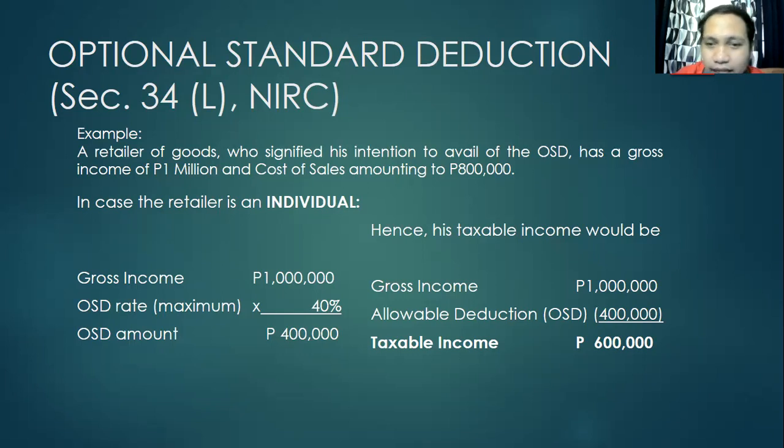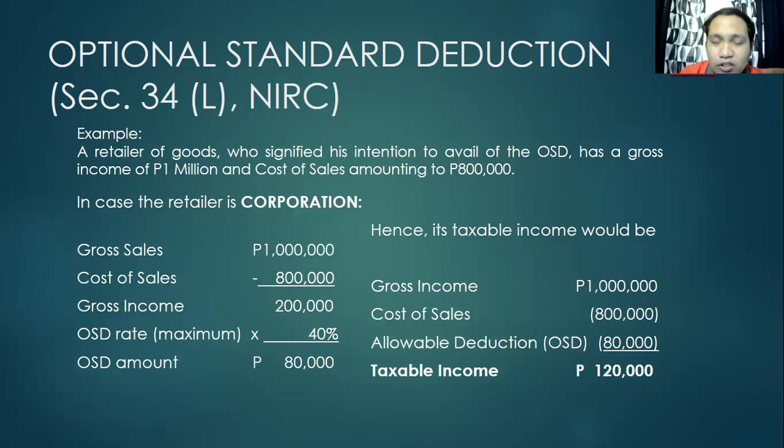So ganito yan, nasa right. Hence, your taxable income would be, okay, yung gross income mo is 1 million pesos and ang allowable deduction, optional standard deduction mo is 400,000 pesos. So pag may nakita kayong close and open parenthesis, guys, ibig sabihin yan, i-deduct mo. Okay? So you will be able to arrive at a taxable income of 600,000 pesos.